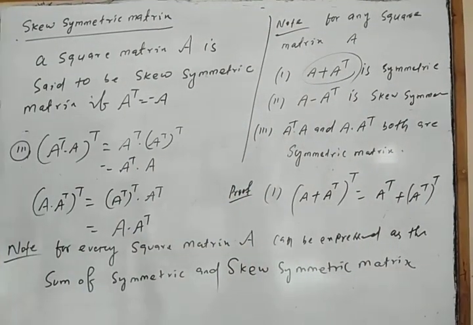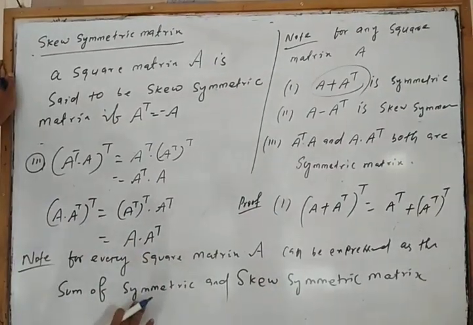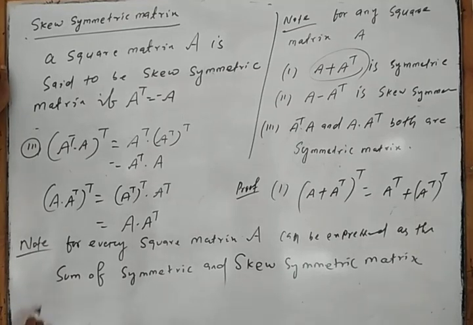So every square matrix capital A can be expressed as a symmetric and skew symmetric matrix.